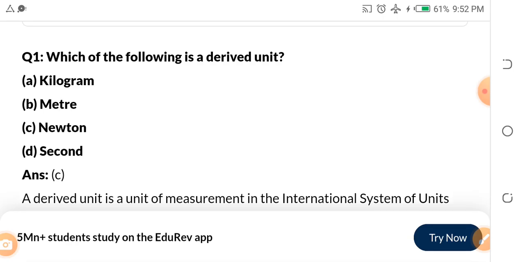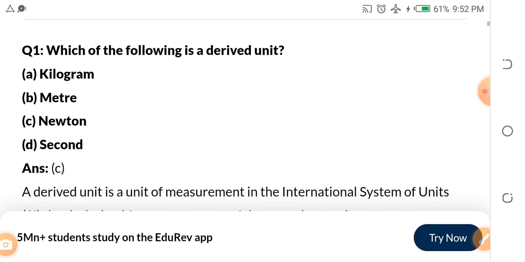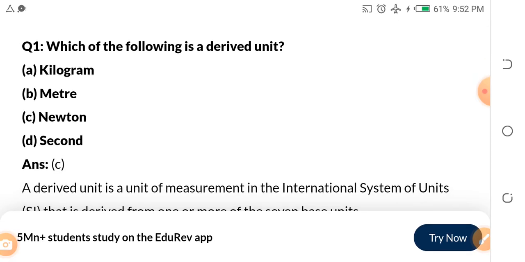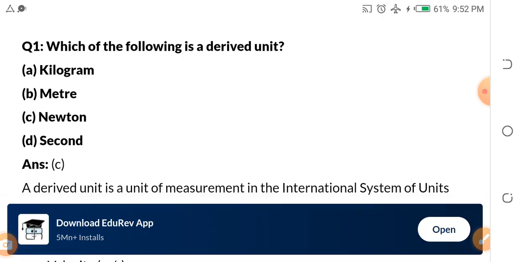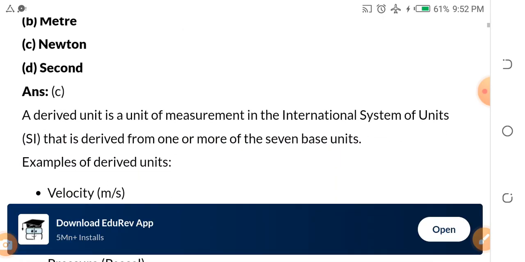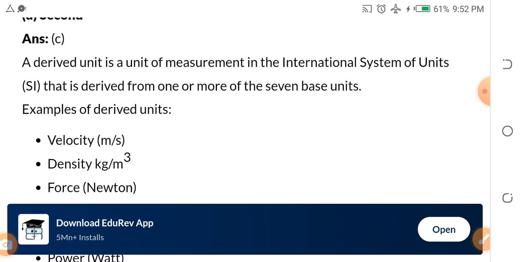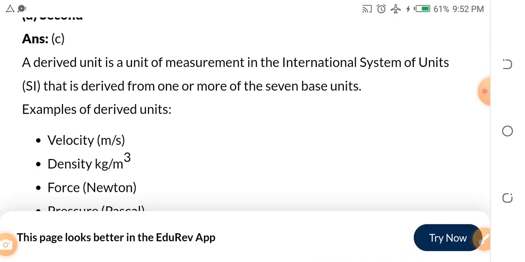Okay, the answer is C. The derived unit is Newton. Let me explain. A derived unit is a unit of measurement in the International System of Units, SI. That is what we call SI unit. It is derived from one or more of the 7 basic units.